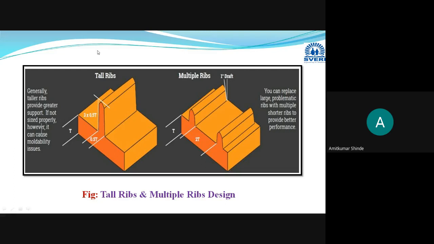Means instead of providing a single thick rib, you can go for either a thin longer rib, or you can go for a number of ribs, which are very thin in nature, by following design guidelines. Means between two successive ribs, distance should be minimum two times the wall thickness.